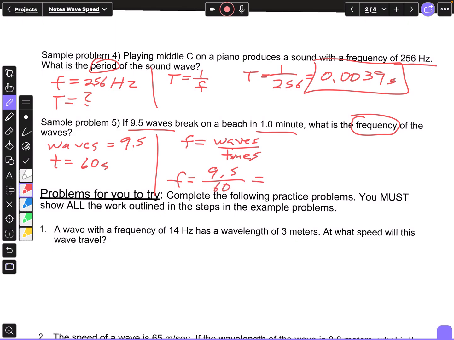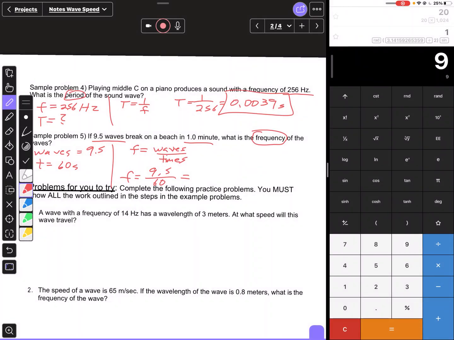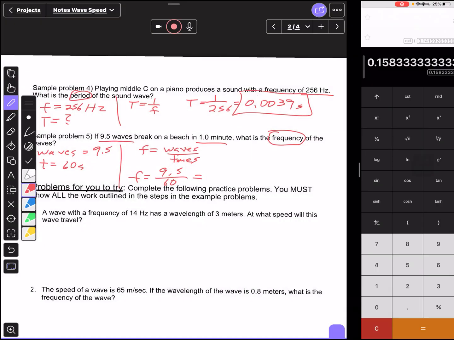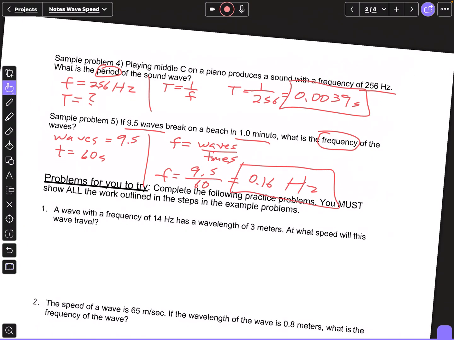So if I take 9.5 and divide it by 60, I get, to 2 decimal places, 0.16. So that would be 0.16. The frequency is measured in hertz. Now, those are pretty simple problems to do right there.